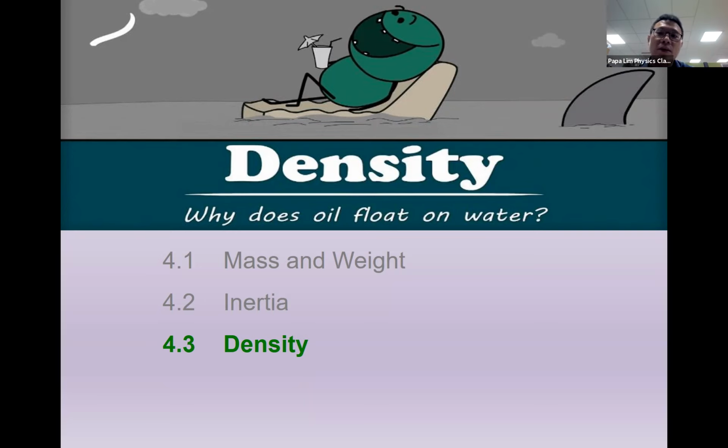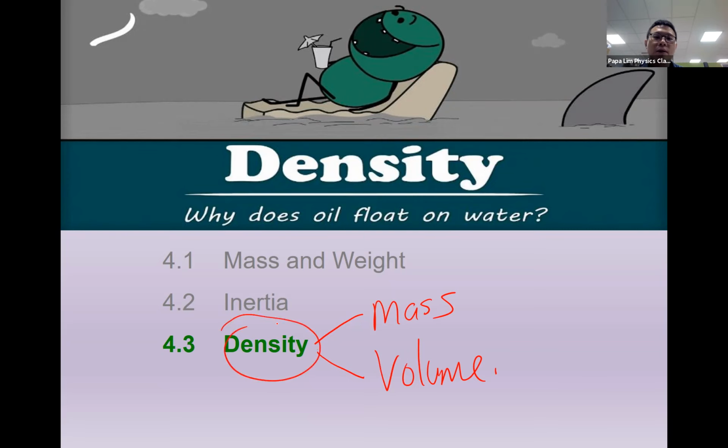There are other factors that we have to look at before we conclude whether an object is floating or sinking. And the factors that we want to look at are what we call mass and volume. Together, these two factors give us what we know as the density of an object.